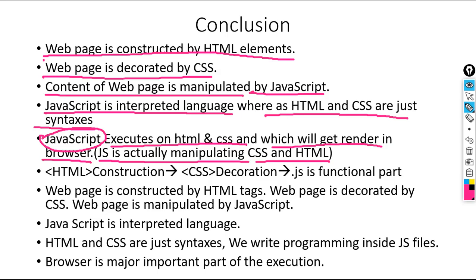Already I have informed you, to manipulate the content of the web page we can make use of JavaScript. So with the help of JavaScript we can manipulate the content of CSS and HTML. So what we have done: HTML is used for construction, CSS is used for decoration, JavaScript is used to provide functionality.